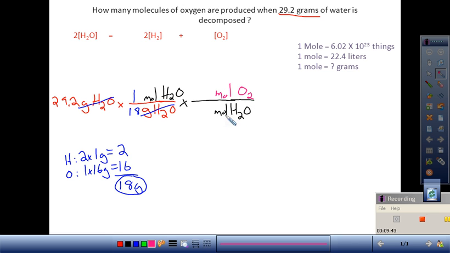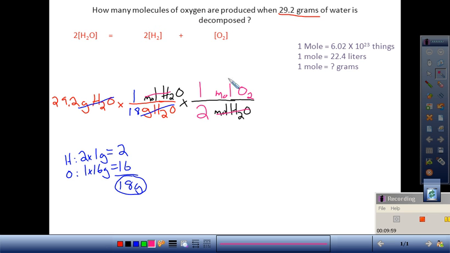Okay, there's my mole-to-mole ratio, getting out of one chemical into another. How many H2Os? 2. How many O2s? 1. Going to cross off my like units now. Now I'm getting closer. I'm in moles of O2.